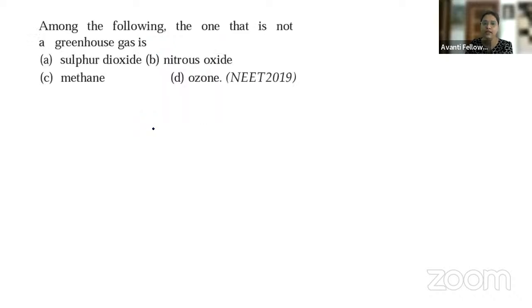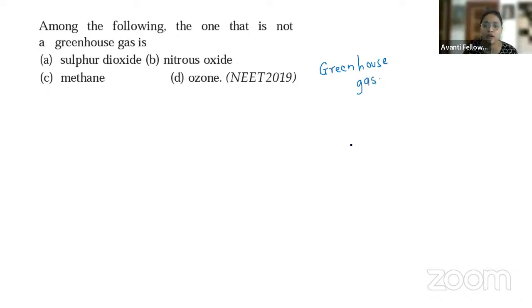Among the following, the one that is not a greenhouse gas is. You know the greenhouse gas concept, right? Which are the greenhouse gases? Can anyone tell me?